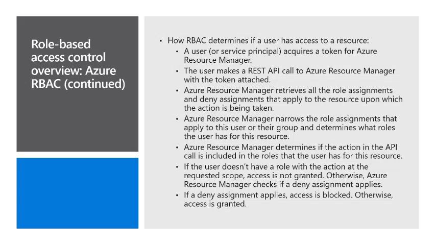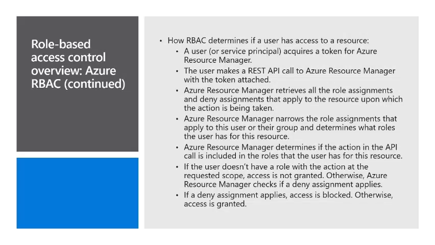Role-based access control overview from Azure, what we just saw. So how RBAC determines if a user has access to a resource. A user or service principal acquires a token for Azure Resource Manager. The user makes a REST API call to Azure Resource Manager with the token attached, which we just got.